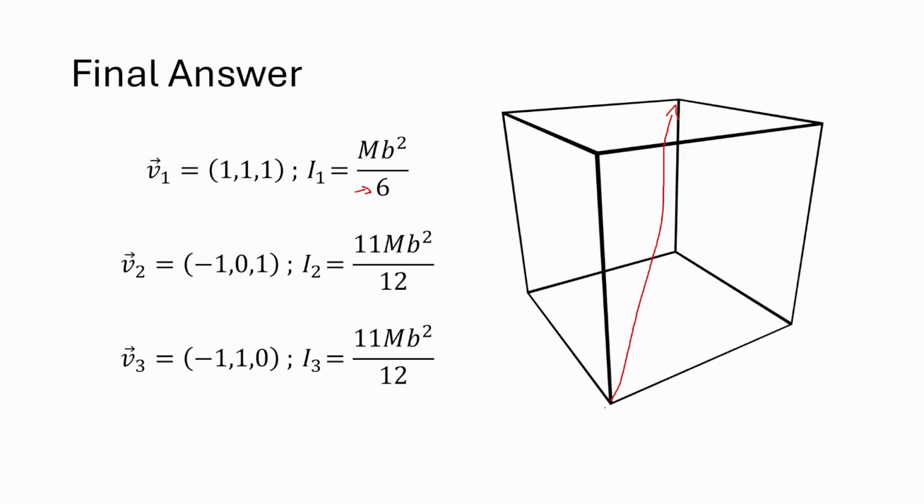So that's the 1, 1, 1 direction, and that is from one corner of the cube to the other. And it makes sense just physically that that should be a special direction for rotation in the cube. That's kind of like the center line of the cube. And so if you spin it around that axis, that should be a motion that is more stable than just spinning it around any arbitrary point somewhere in the middle of the cube.